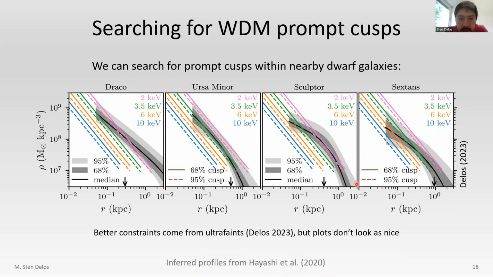So what we can see here is that 2 keV warm dark matter seems to be in tension with some of these halos. 3.5 keV, probably not so much. But this is illustrating the general principle. I should note that better constraints come from ultra faint dwarfs, but the plots don't look as nice, which is why I didn't show them here.